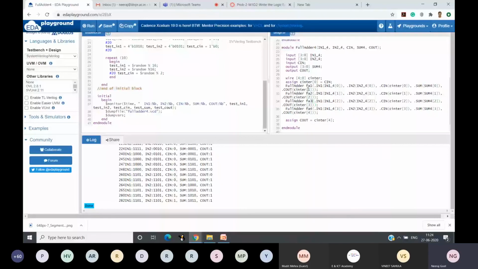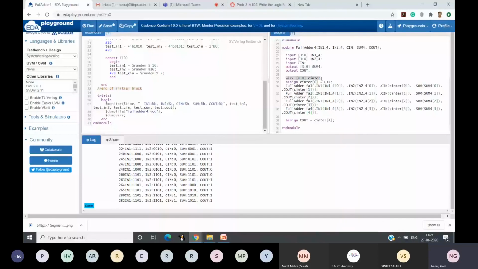These instances are different in the way they are taking input. So for example, my FA1, the first instance, is taking the 0th bit of IN1, the 0th bit of IN2, and the 0th bit of C inter. Here I have created a wire, or a temporary signal, which is called C intermediate or C inter.